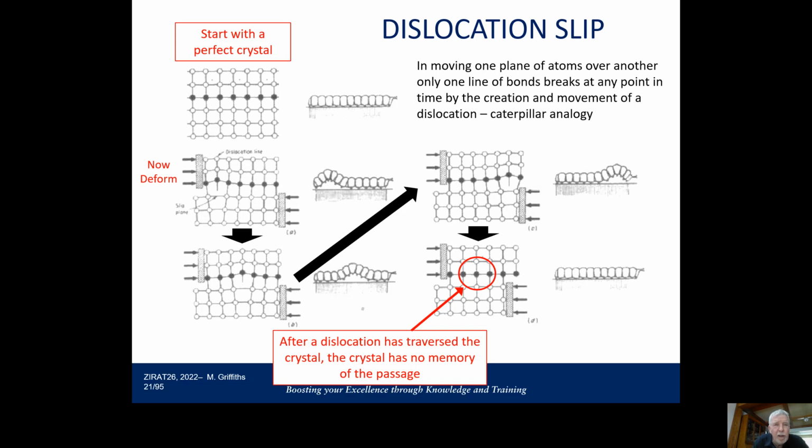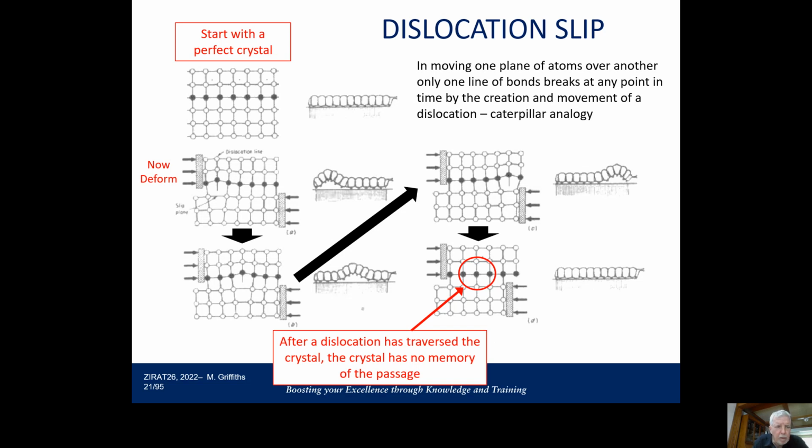If you wanted to move a carpet, it's very difficult to pull a carpet all at once because of the friction that exists across the length of the carpet. But you can push up a little part of it, a ruffle, and work that across the carpet, and eventually move the carpet a small amount with a lot less force over that process.